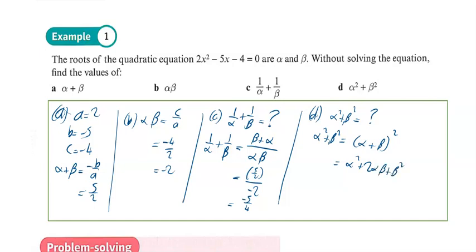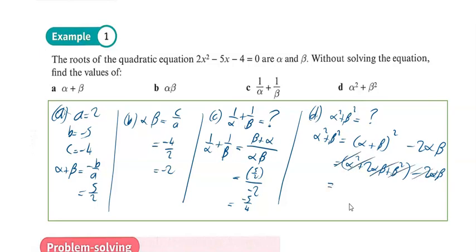So what I would need to do is take away my 2 alpha beta term, so I'll take that away up here as well. So that's now correct. So alpha squared plus beta squared is equal to brackets alpha plus beta all squared, then minus 2 alpha beta. And you can see why that is. So then we can just work that out. We can get rid of that line, we don't actually need that line in.